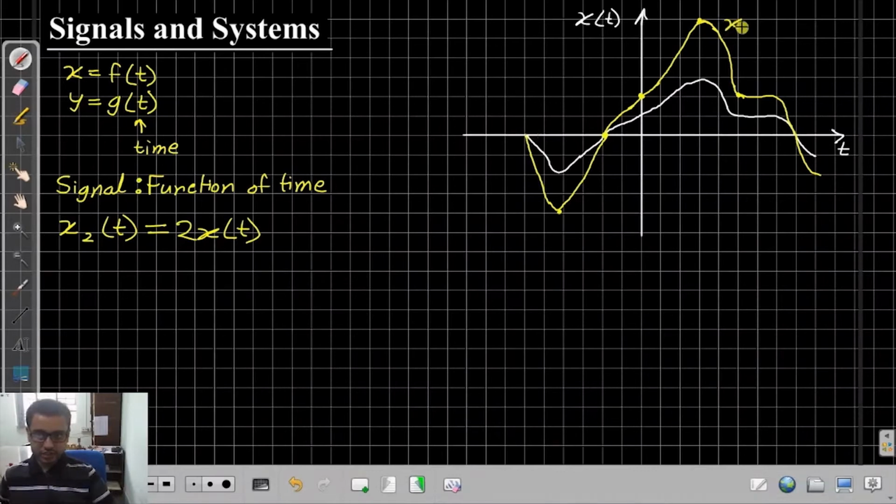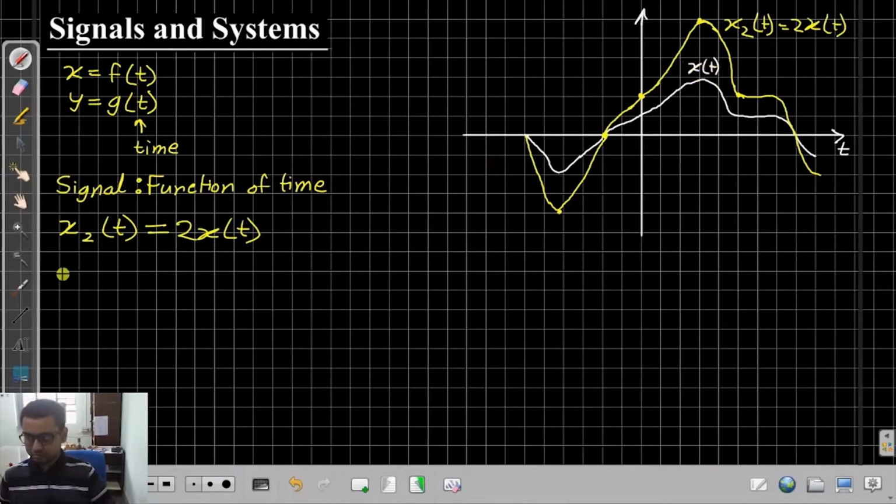So this is x2 of t equals 2 x of t, and this is x of t.